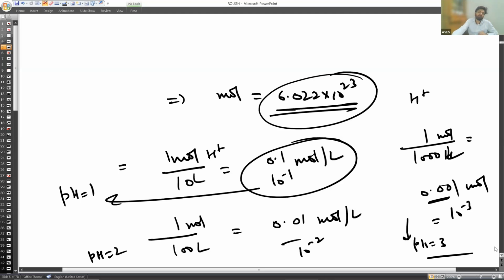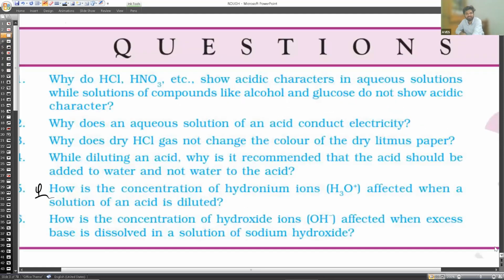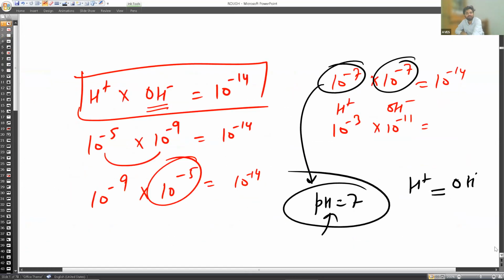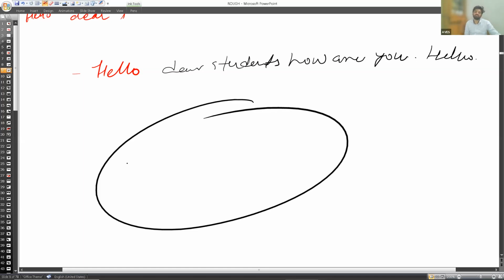If 1 mole of H plus ion is present in 10 liter, its per liter will be 0.1. So the same happens on dilution, but in some weak acids, the H plus ion concentration slightly increases, because weak acids do not really donate their H plus ions. For example, this is a weak acid.